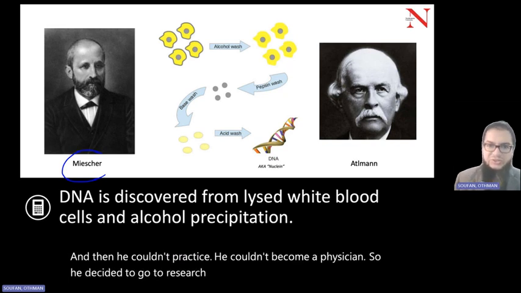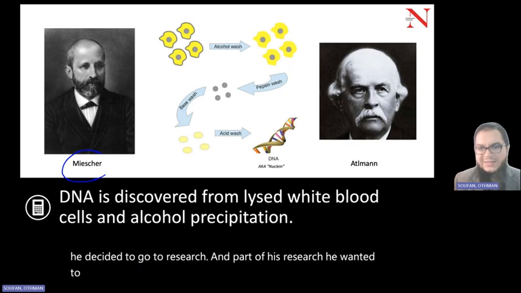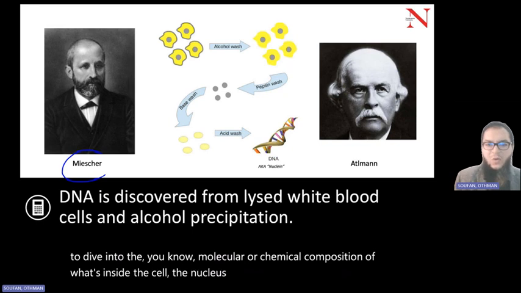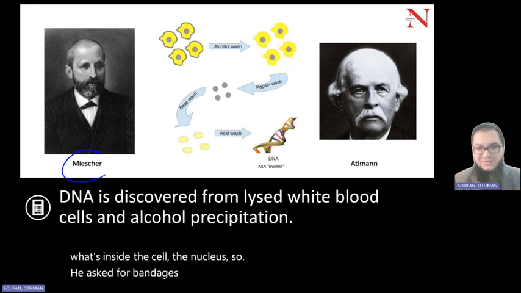And as part of his research, he wanted to dive into the molecular or chemical composition of what's inside the cell, the nucleus. So he asked for bandages for the pus.